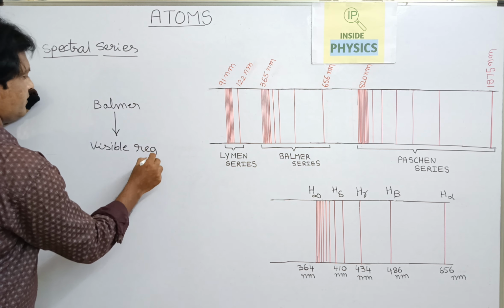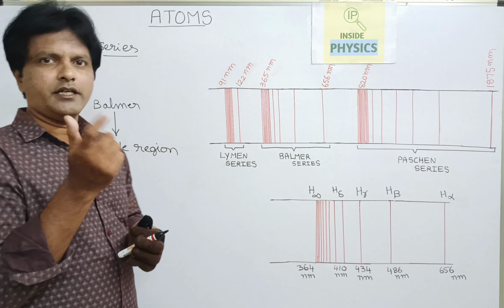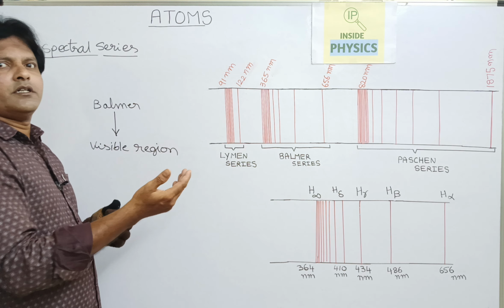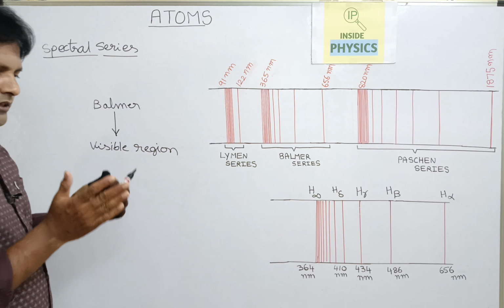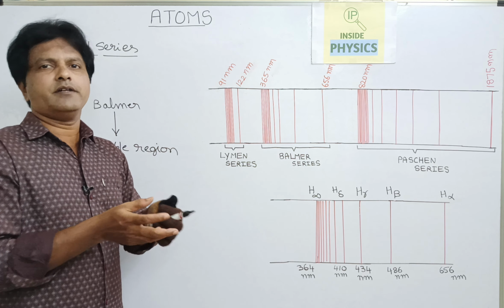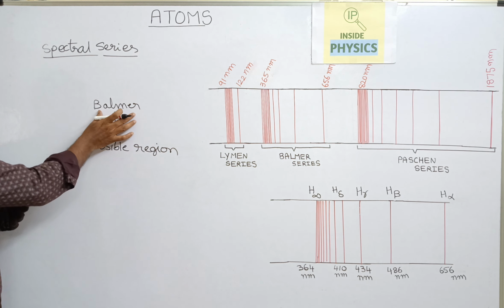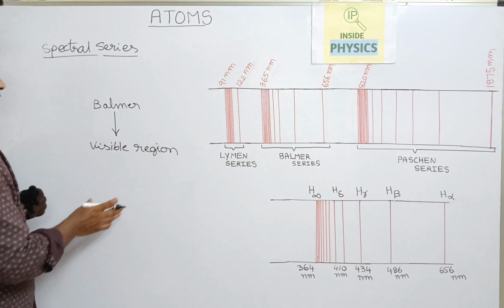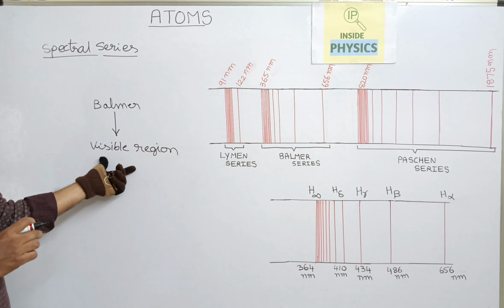Do you know what the visible region of the eye is? 450 nanometers to around 800 nanometers is the visible region. In that region only we can see the wavelengths; others are invisible regions. So Balmer, from his observations on the hydrogen spectrum, observed some characteristic lines in the visible region.